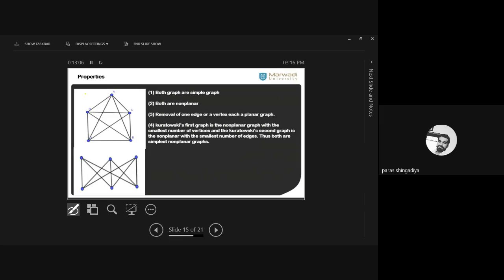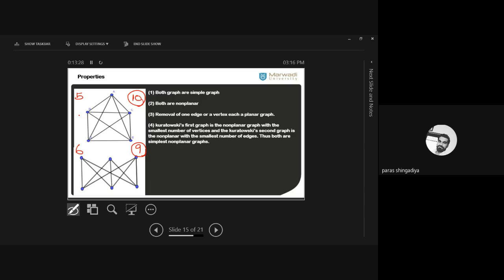In K5, we have 5 vertices and 10 edges. In K3,3, there are 6 vertices and 9 edges. So now compare both.